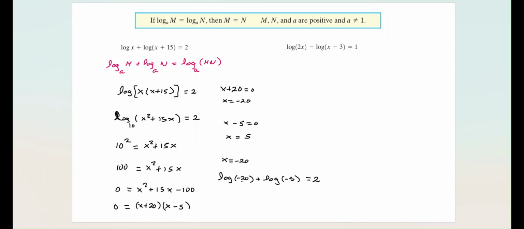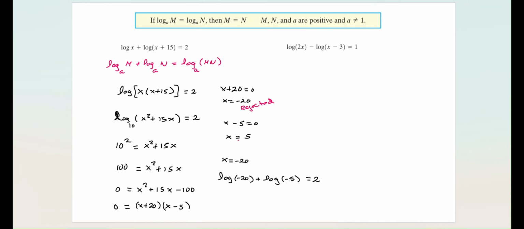We know that the logarithm of negative 20 is not defined. The logarithm of negative 5 is not defined, right? We can calculate logarithms only for numbers that are greater than 0. So that means that we have to reject this solution.